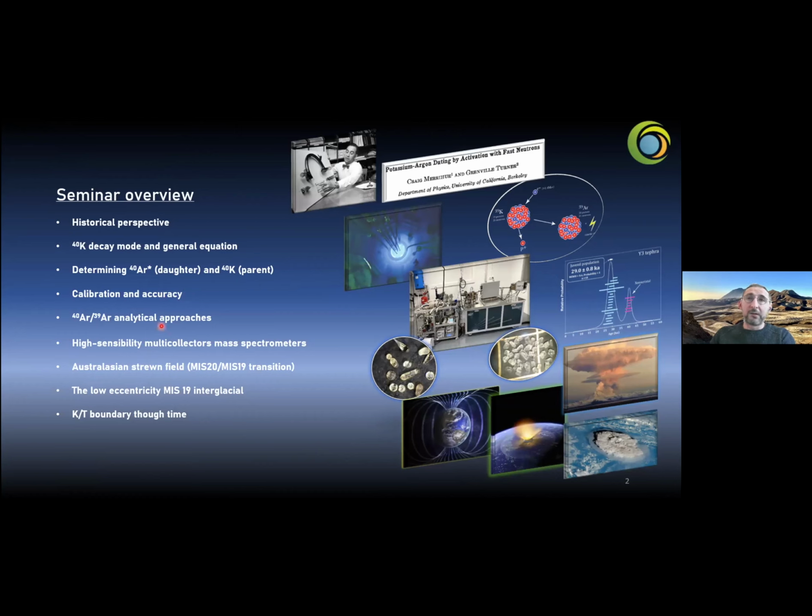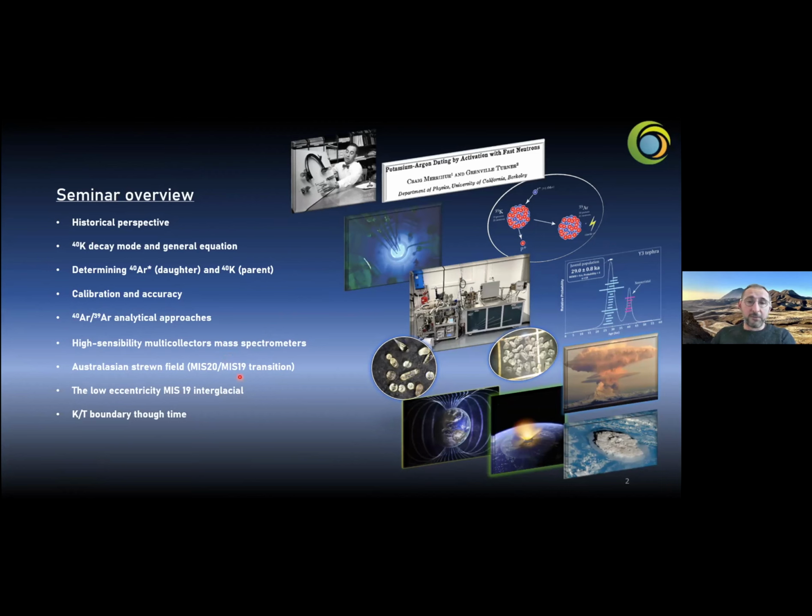I will talk about the analytical approaches that we have currently. I will focus a little bit on the high sensitivity multicollector mass spectrometers that we have had for a little bit more than 10 years, that changed our life and the way we do argon geochronology, but also changed the precision of our measurements.